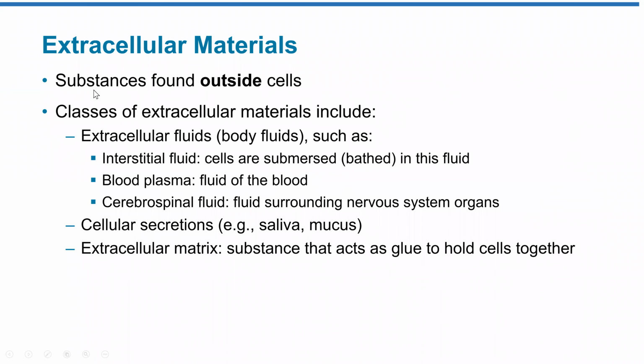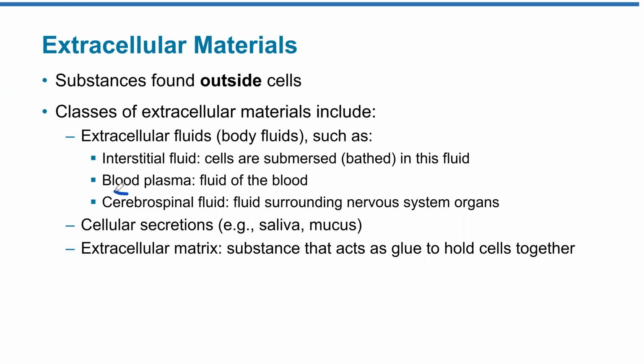Also, we have substances found outside the cells. We call them extracellular material. Extracellular materials include extracellular fluids, such as body fluids. Such as interstitial fluid, or tissue fluid, that's another name. Cells are submerged or bathed in this fluid.